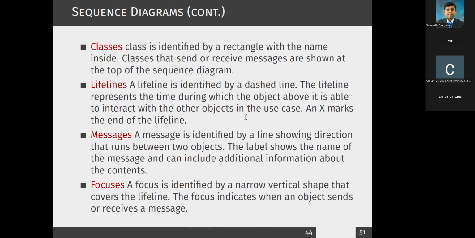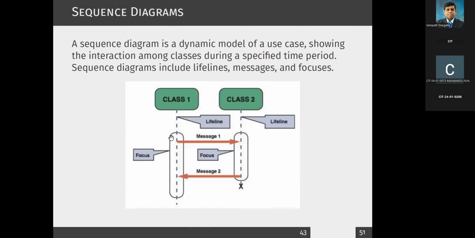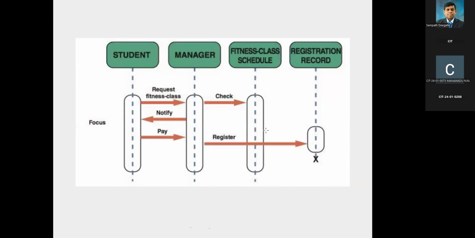And the focus area is the vertical shape on the lifeline. I told you we use a dashed line for the lifeline, and this is the focus. Focus means the time it actually activates. So this is what we call the focus area, right?